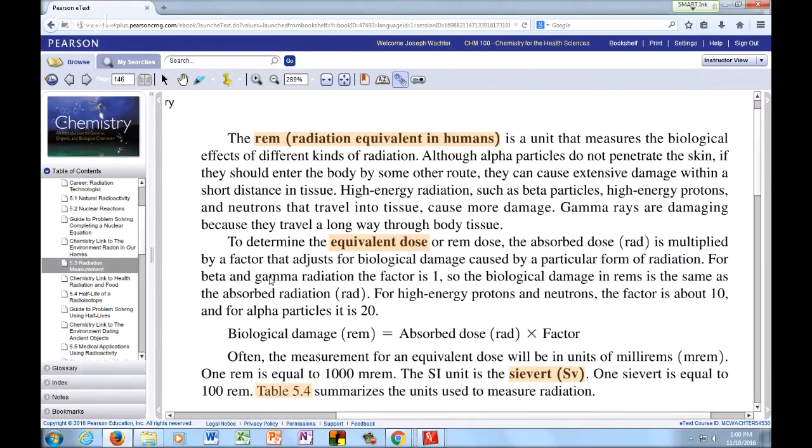So for just regular pure energy radiation, which also includes beta particles, the factor is 1. If you're getting hit with a proton or neutron, the factor is about 10, and for alpha particles, it's 20. So it's just a way of scaling that to have a better sense of what kind of damage this stuff is actually doing.